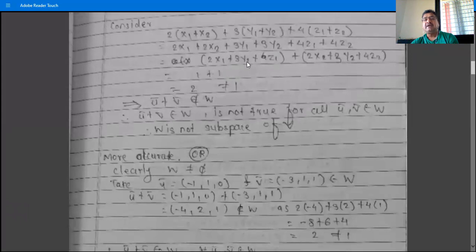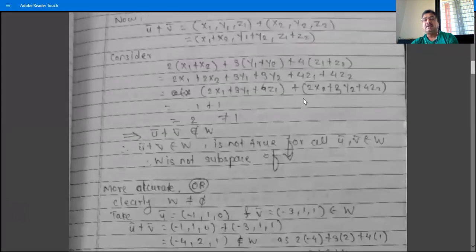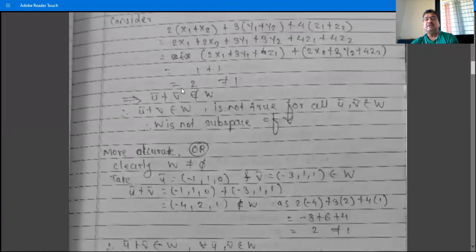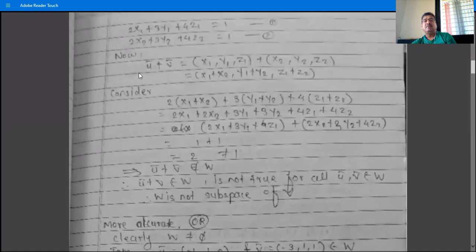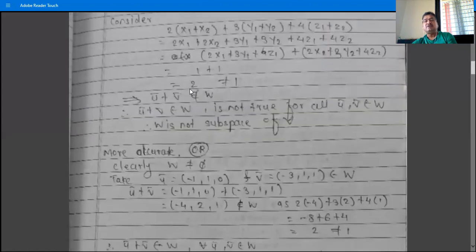The value of the first bracket is 1 by equation 1, and the second is also 1. And 1 plus 1 is 2, not equal to 1. Therefore, u bar plus v bar does not belong to W, because it would belong to W only if this quantity were equal to 1, but it is equal to 2.